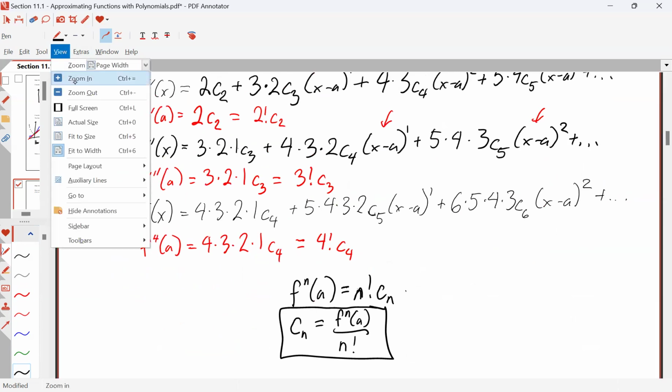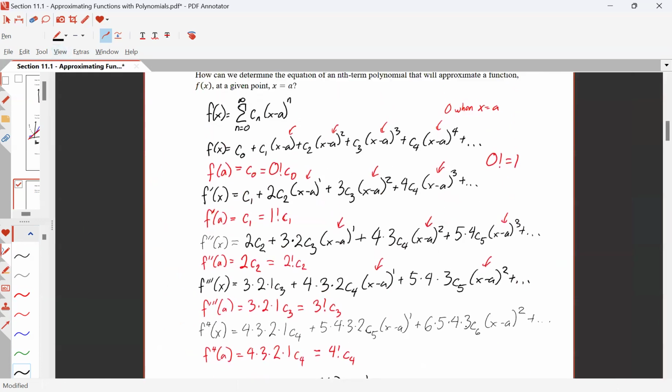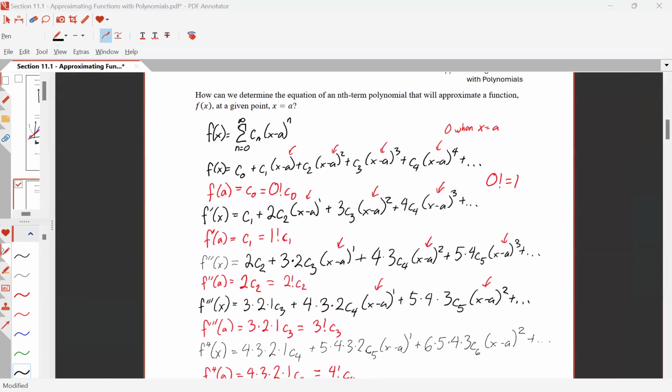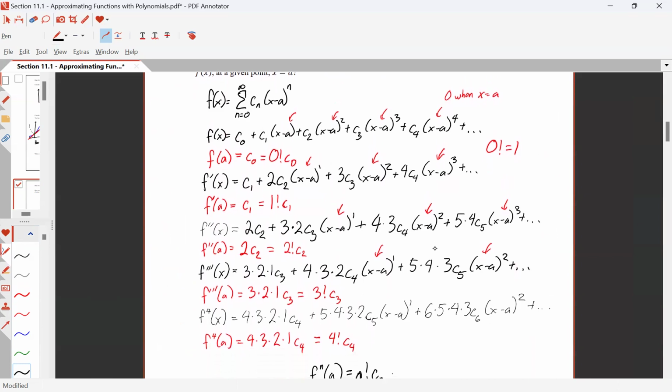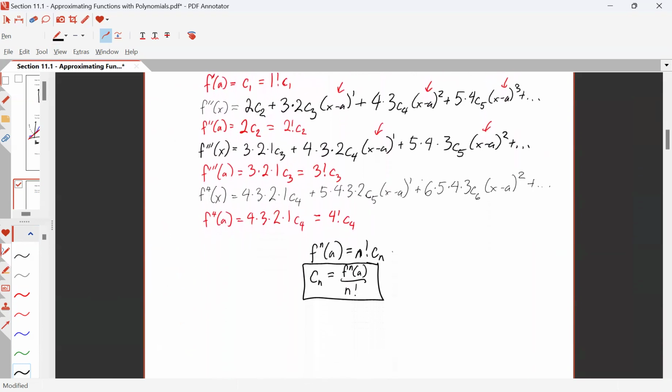Meaning, where this all started was that I can take a function and represent it with a power series. But what are those coefficients? Those coefficients are the nth derivative at a over n factorial.